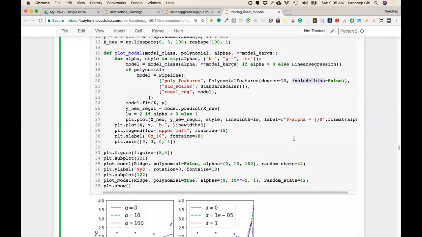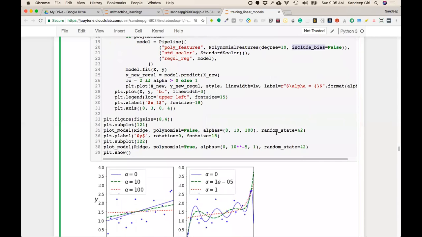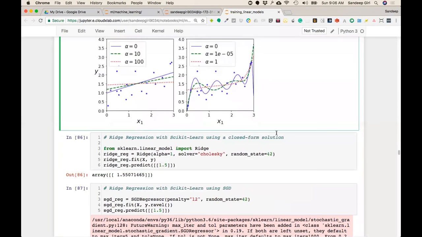While including the polynomial features, I think polynomial features also have a way to include a bias constant with it, a constant bias with every degree. That's what include bias means. All right.